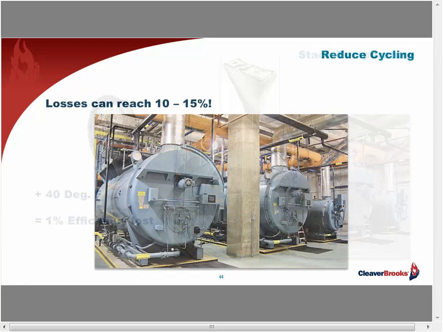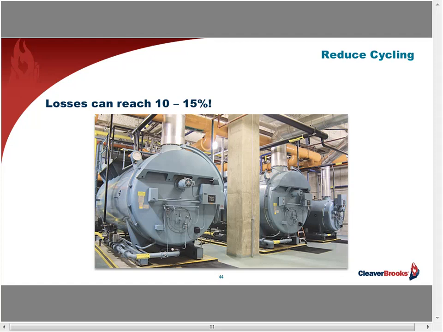Now, another big impact area compromising efficiency is a burner which is cycling many times an hour, and often it's in the double digits. I mean 15, 20 times an hour, maybe more. This can cost in excess of 10 to 15% more in your fuel bill because of the pre- and post-purge losses mentioned earlier. So check this out.